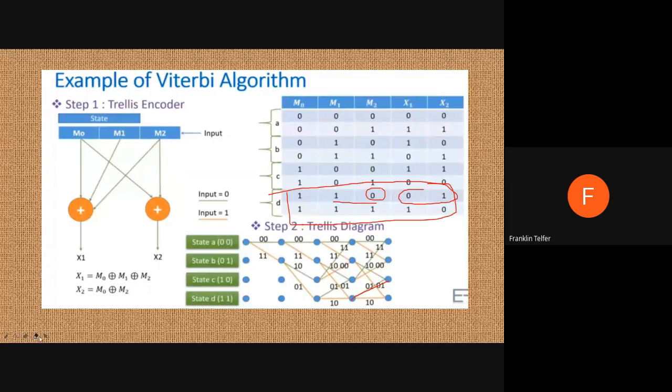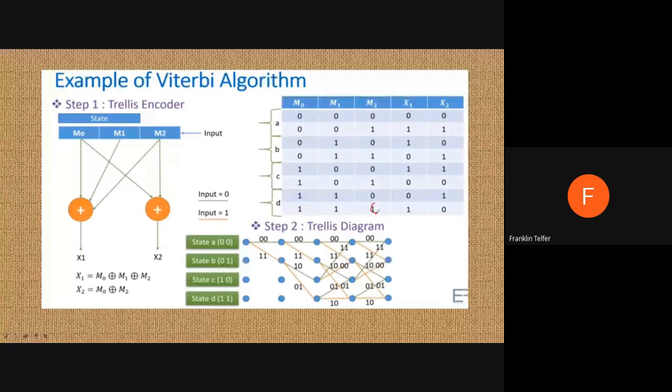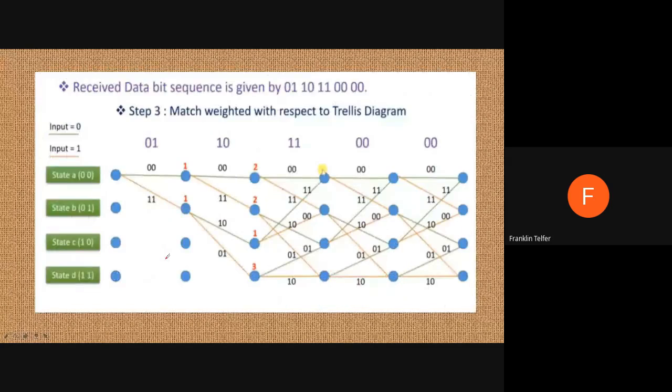Or next, when the input is 1, it is going to 1 1. 1 1 is D, same level, and it is having an output of 1 0. Fine. So this is the overall received trellis diagram.